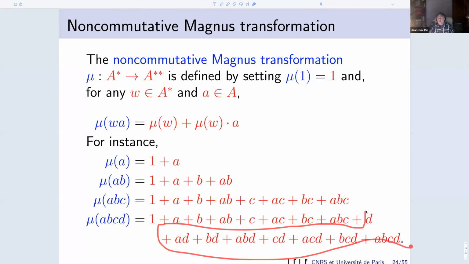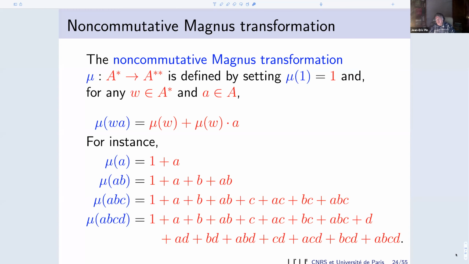Okay, so that's the Magnus transformation. But wait a minute. This is a definition by induction, but would it be possible to find this expression without having to compute successively mu of A, mu of B, mu of AB, mu of ABC? And actually, there is a trick.